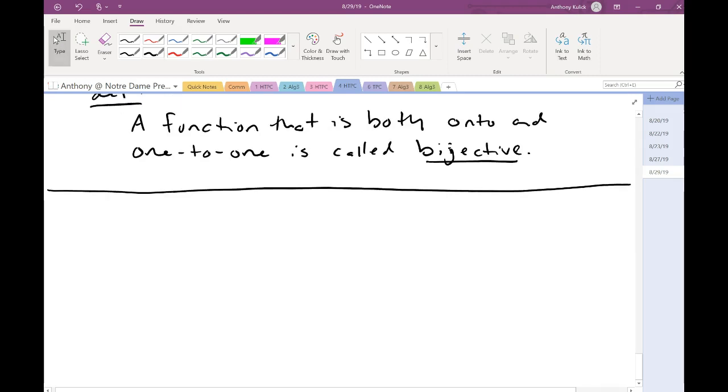All right. And again, the point here is just to get comfortable looking at the function and identifying which of these attributes it has. And then probably we'll even write the inverses so you can get a feel for why this property might be related to whether an inverse is a function or not.